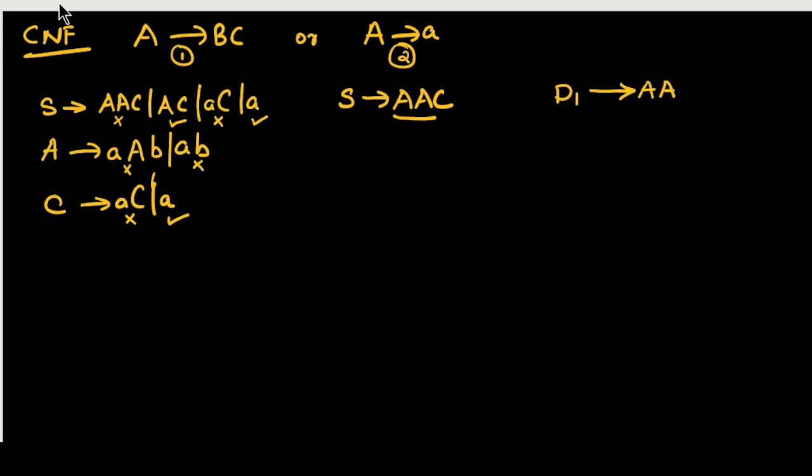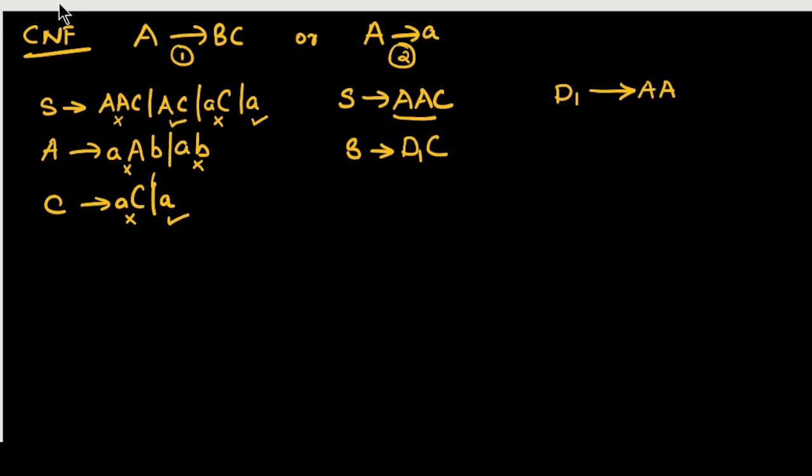Okay, D1 can be substituted with the AA. So this S can be rewritten as, instead of AA I can write the variable D1, and the remaining part C. Okay, so this AA is substituted with the D1. Or in other words, I can say D1 can be replaced with AA. So instead of this AA in this production, I write D1C.